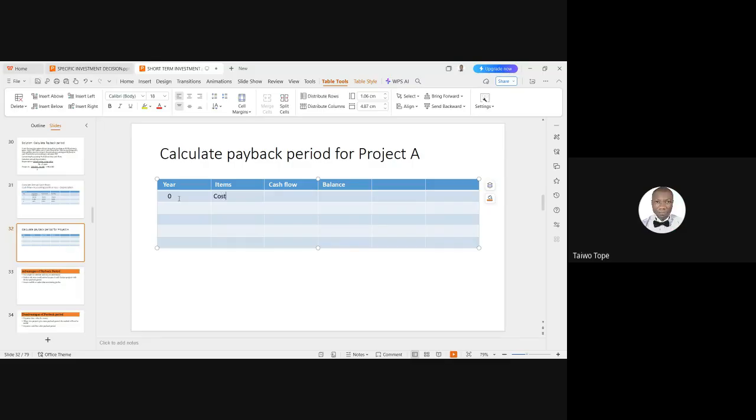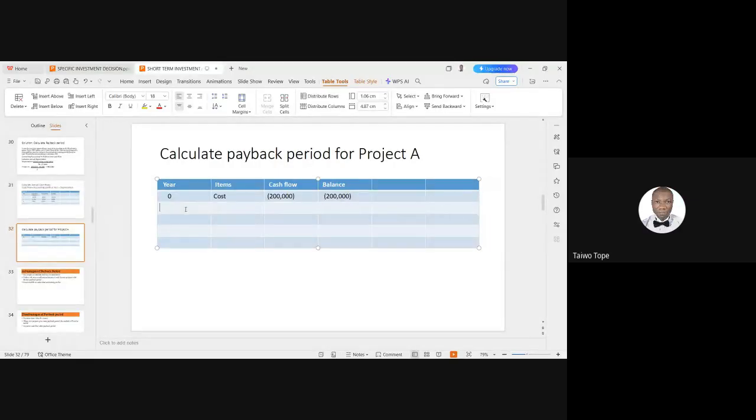Cost. There's an outflow of 200,000. As at year 0, the balance is still 200,000.